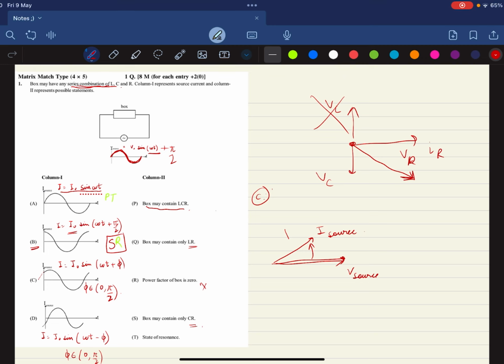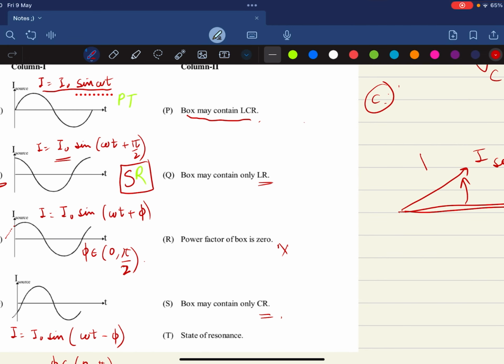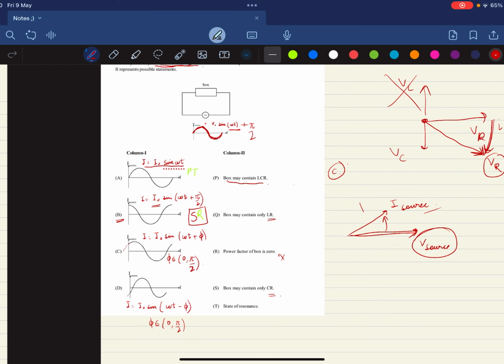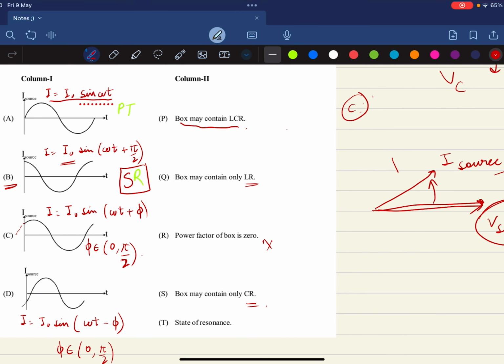Because then only will the V net be before IR. V net will be before IR, and here also V net is before IR. So this matches with CR. Box may contain only CR.